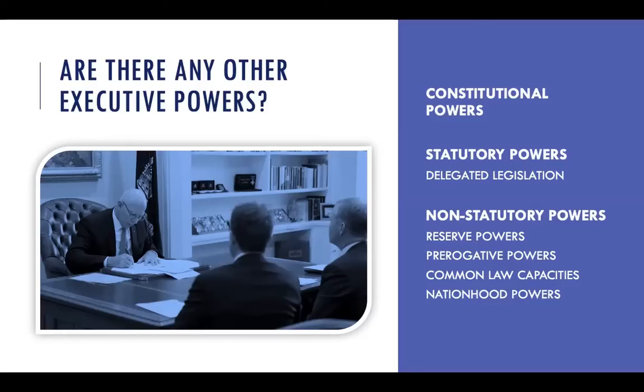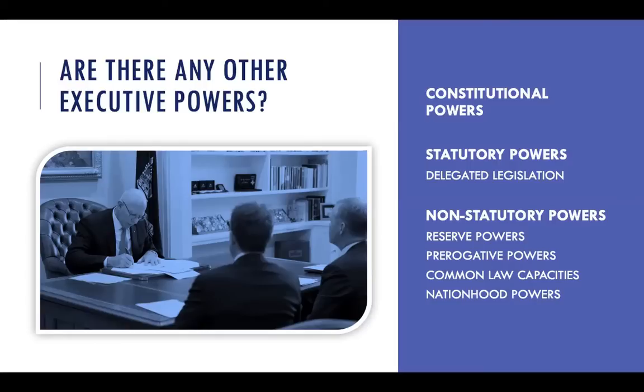These capacities allow the executive to enter into contracts, to create companies, buy and sell properties, sue and be sued, etc. So they are the common law capacities because they are enjoyed not exclusively by the Crown, but also by individuals.